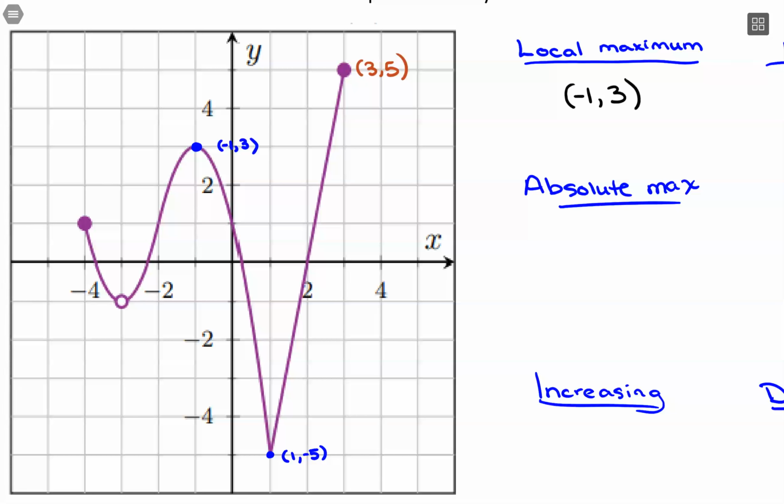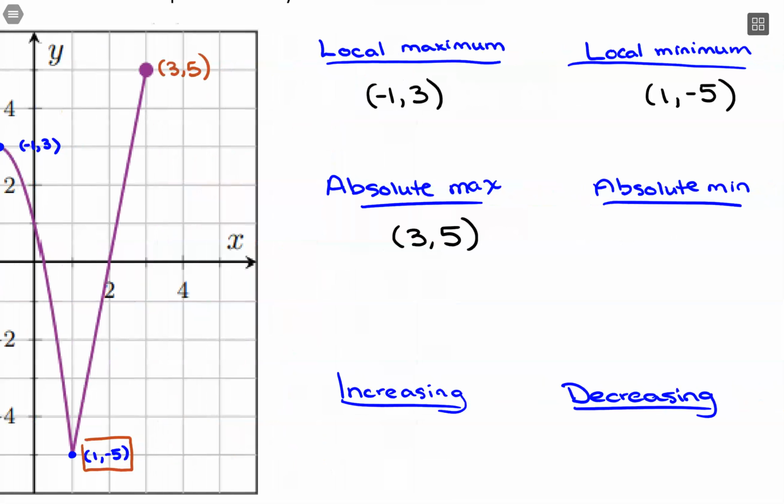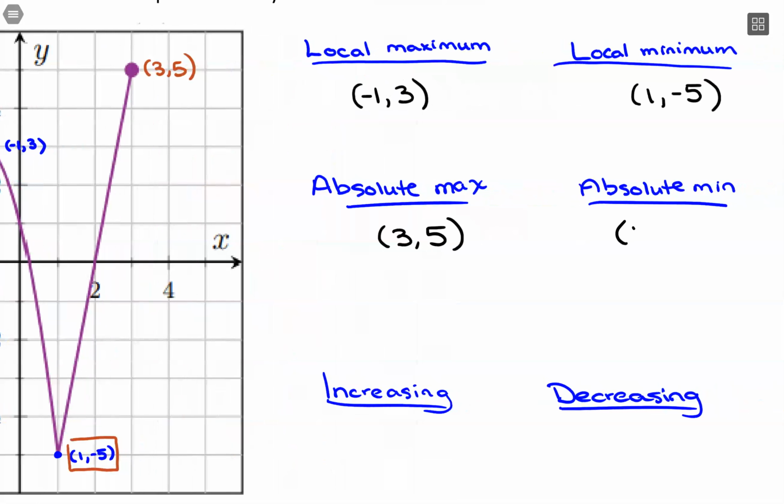Then for absolute minimum, we're going to look for the smallest y value, which is actually at this coordinate (1, -5). So absolute maximum occurs at (3, 5), and absolute minimum at (1, -5).